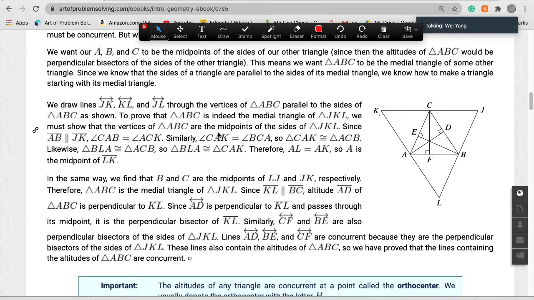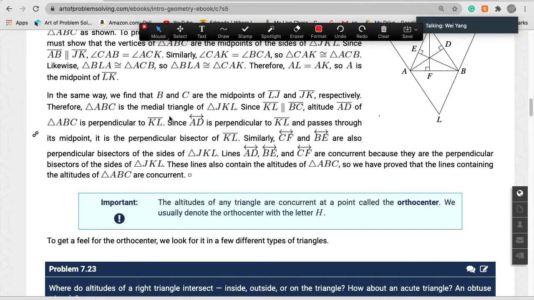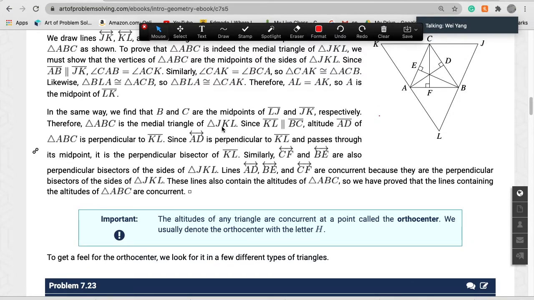They draw the lines through this parallel. Then we got this too, also in the same way from BC. Middle point. Therefore, triangle ABC is called the medial triangle of JKL. This one is in the middle of triangle JKL.